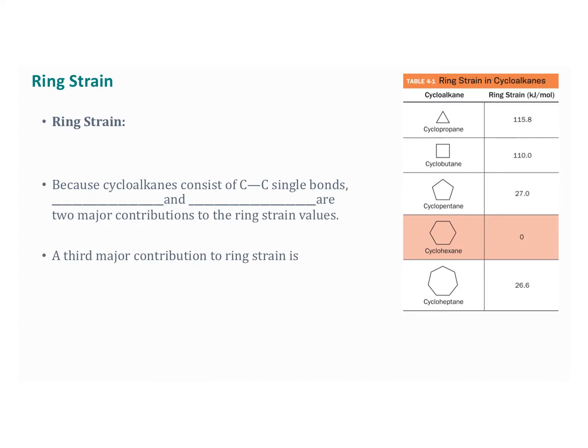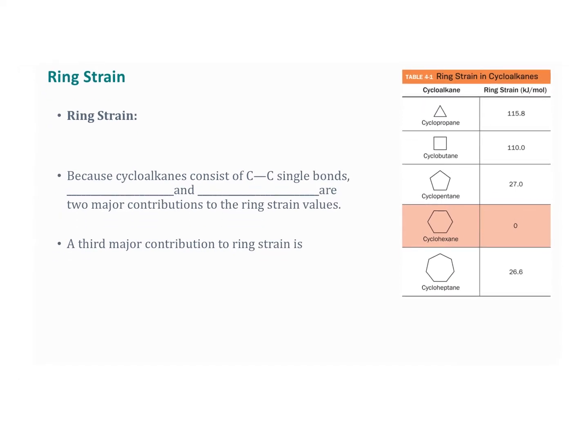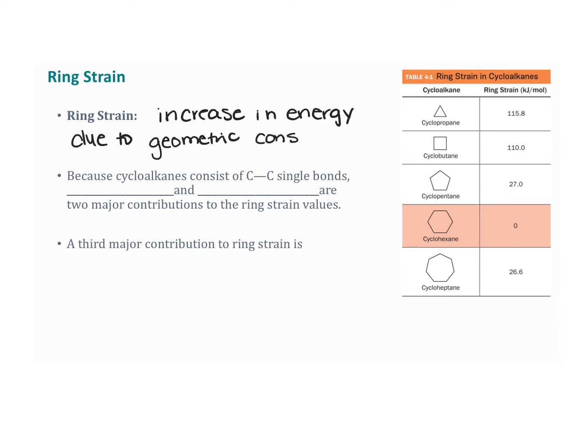Now, this idea is supported by the values of ring strains for various cycloalkanes. And you can see how the values are reported here in table 4.1. Ring strain is just the increase in energy due to geometric constraints on the ring.